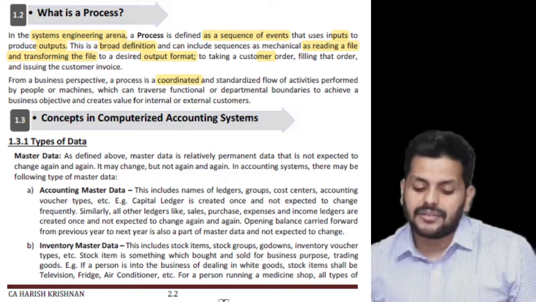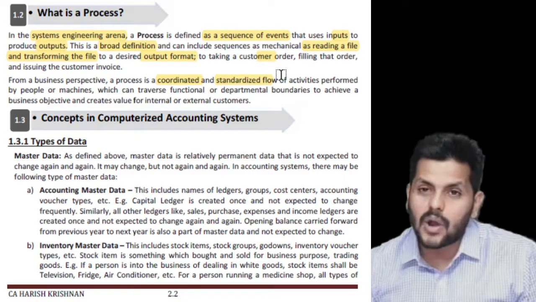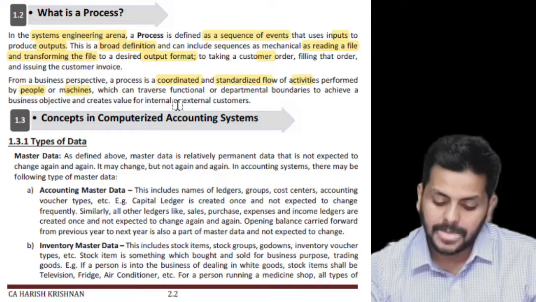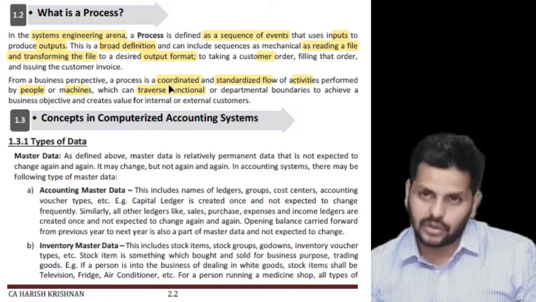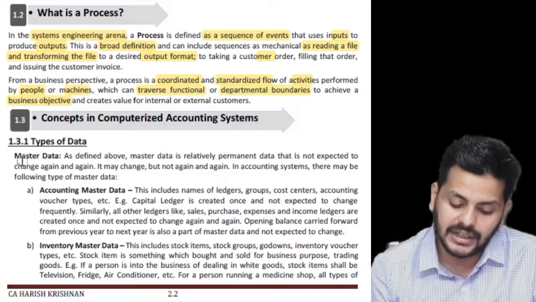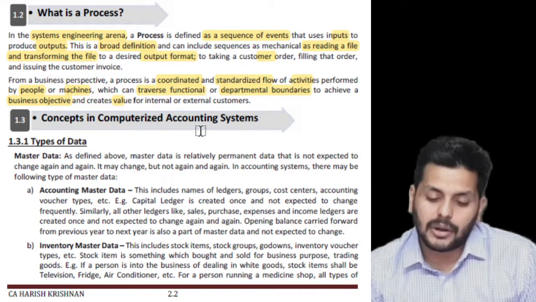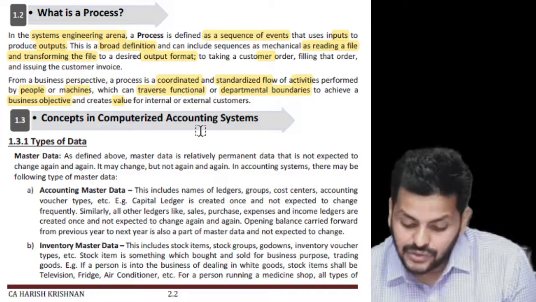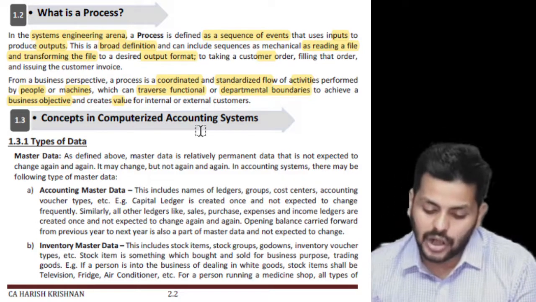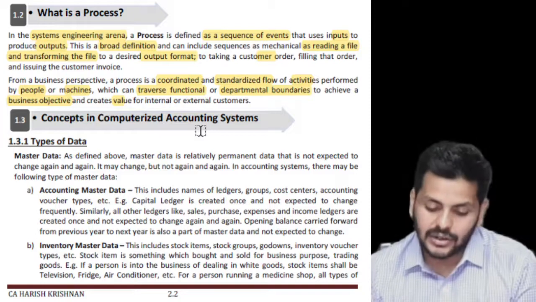A process is a coordinated and standardized flow of activities performed by either people or machines, which can traverse, meaning travel across, functional or departmental boundaries to achieve a business objective and create value for both internal and external customers.